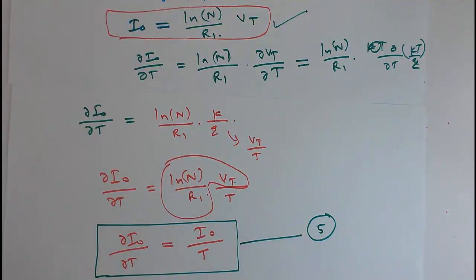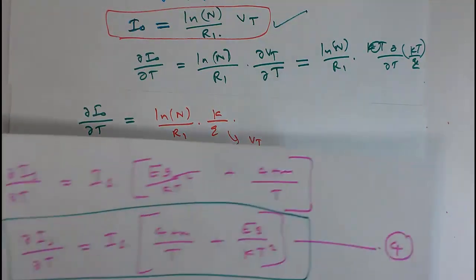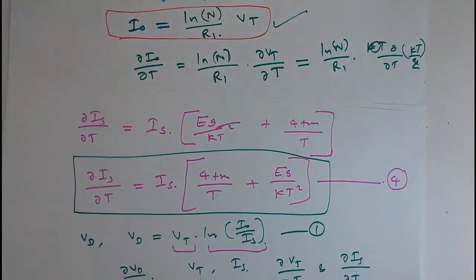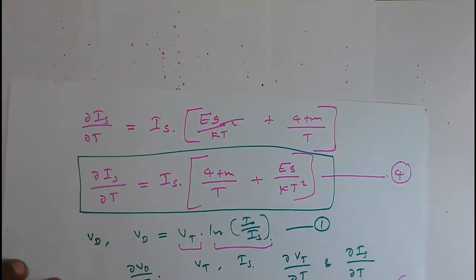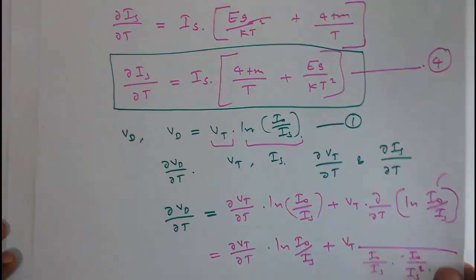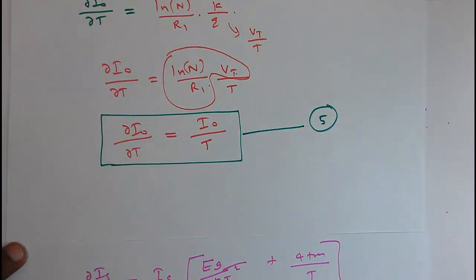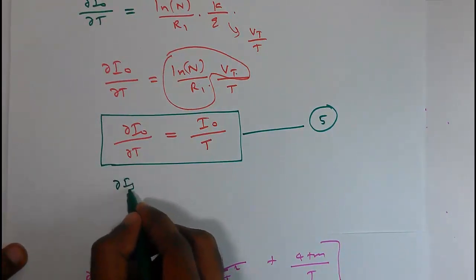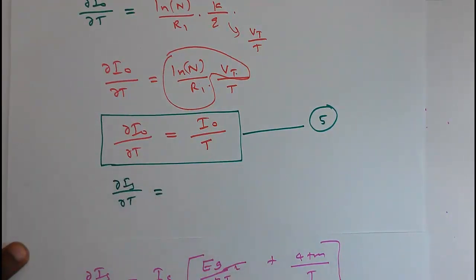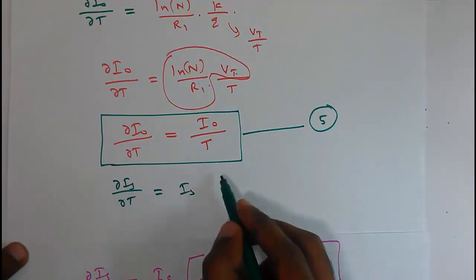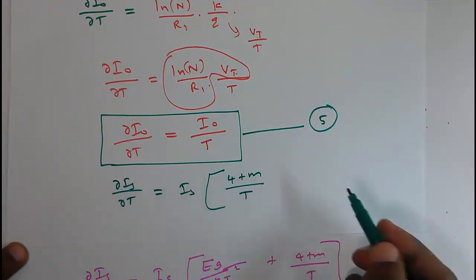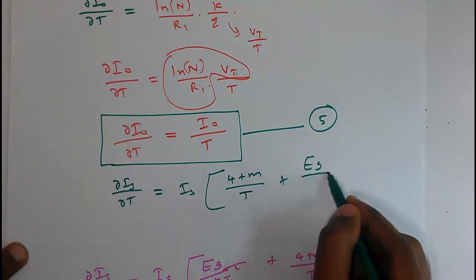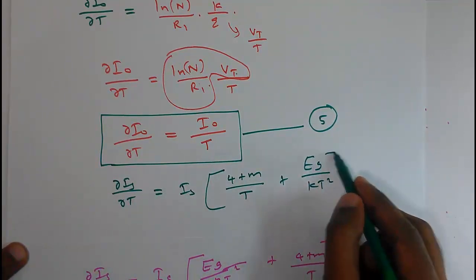So from expression 4 that we derived earlier, in one of our earlier slides, we have dou Is by dou T. I am just rewriting that expression: dou Is by dou T is equal to Is into 4 plus m divided by T plus Eg by kT square.